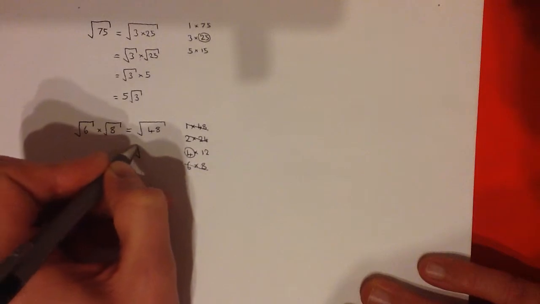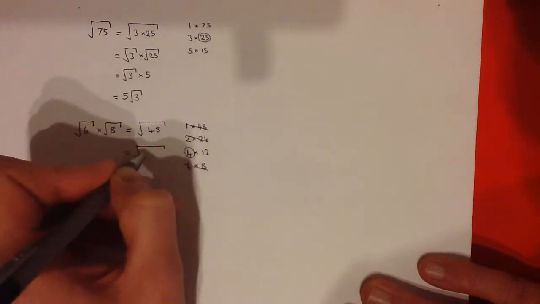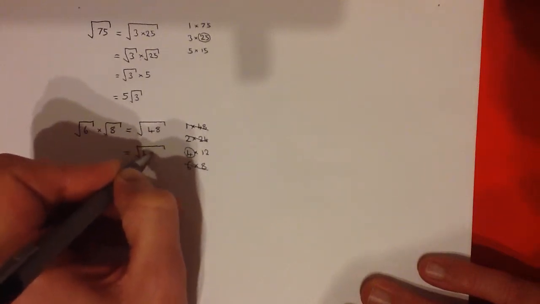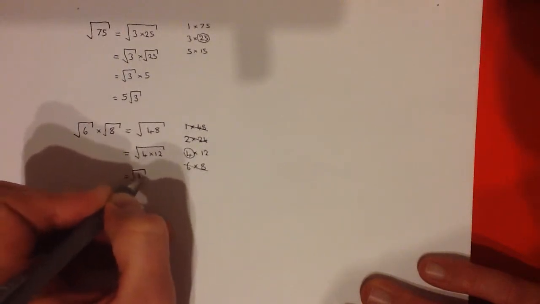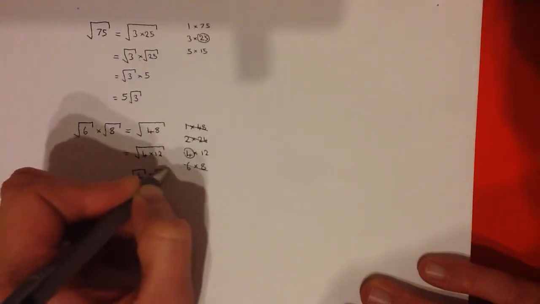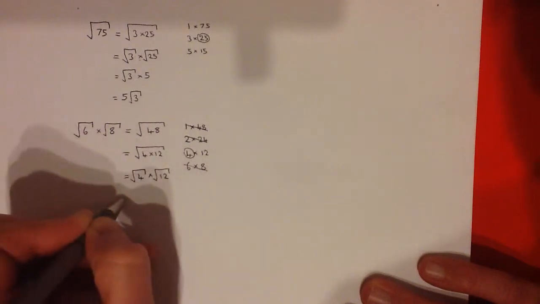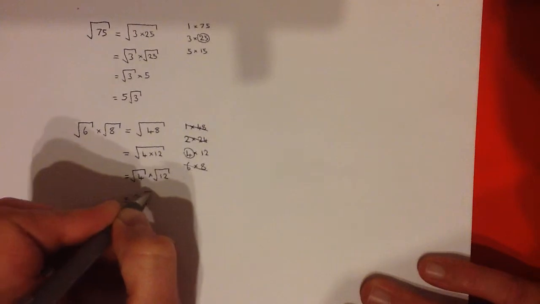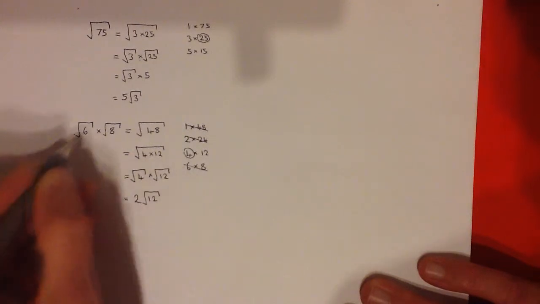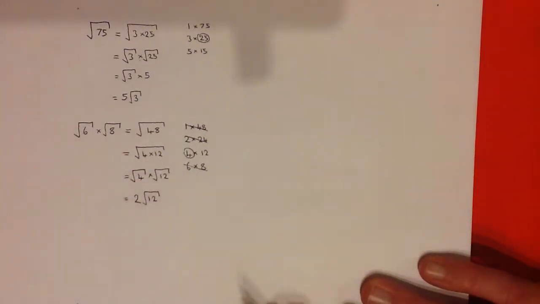So 48 can become the square root of 4 times 12. Again, we can break that into 2. Square root of 4 times the square root of 12, i.e. the square root of 4 becomes 2 and the square root of 12. So this has simplified to that.